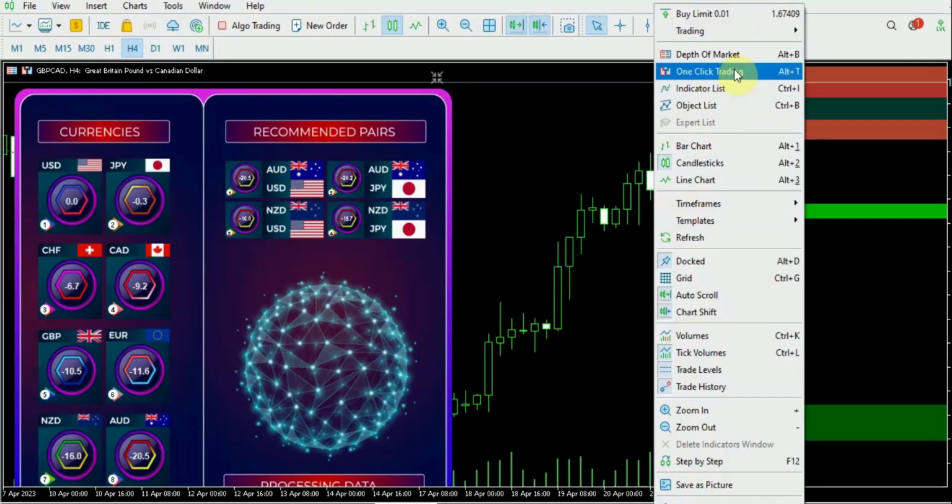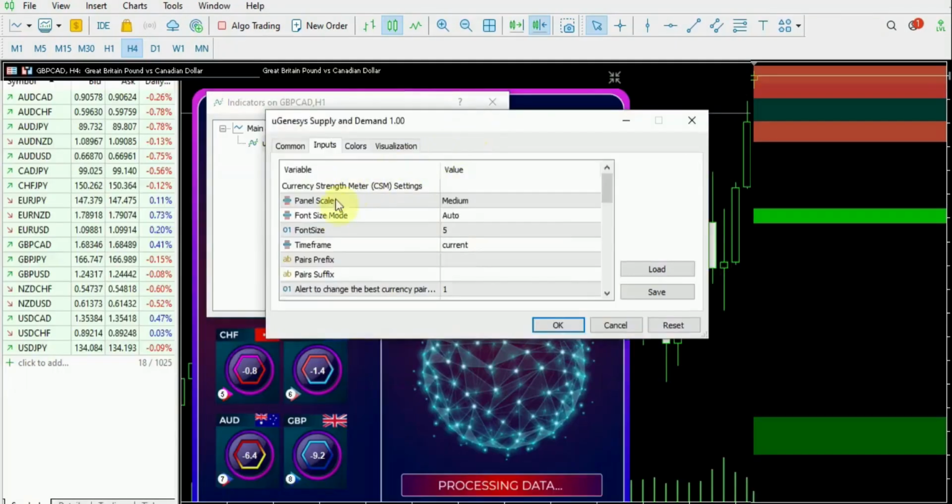So what you do is you'd go to the indicator list and select the uGenesys supply and demand and hit properties, and this section here where it says pair suffix, you would just input the letter I right there, okay? But if you check your market watch and your broker doesn't have any prefix or suffix, then you can just leave this section blank, okay?